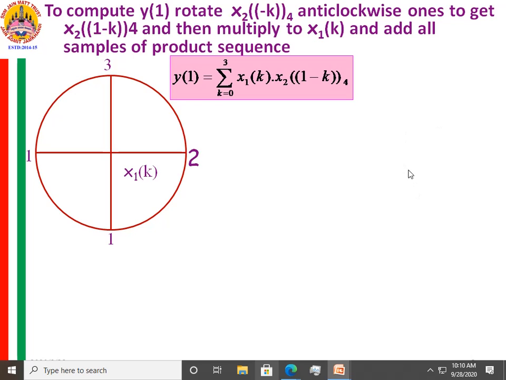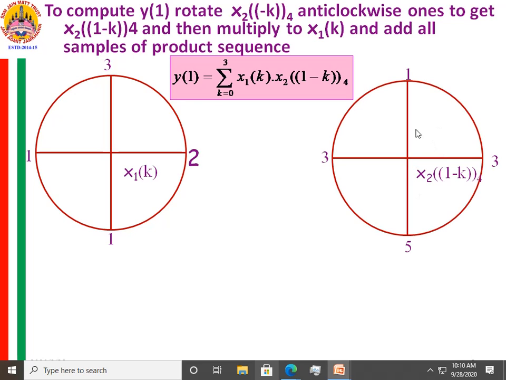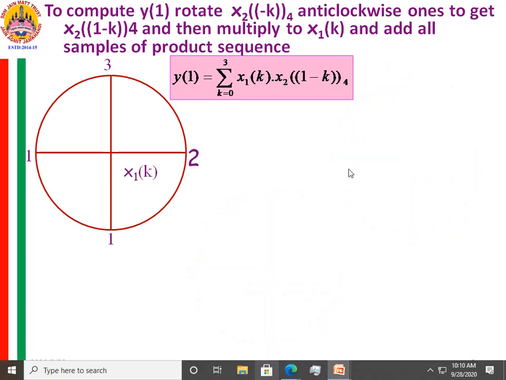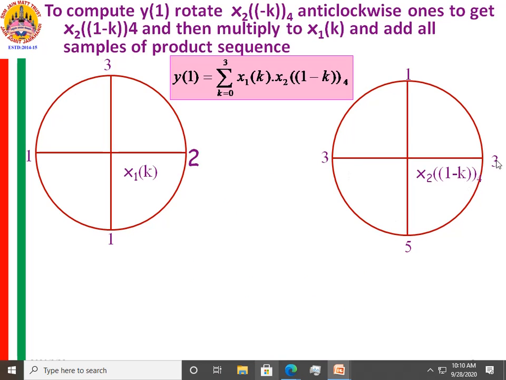So that means in this case on the circle, we have to shift this particular circle in the anti-clockwise direction. Now when you rotate this circle in the anti-clockwise direction, you get x2 of 1 minus k to be mapped like this. The 1 will shift here and then this 3, 5 and this 3.